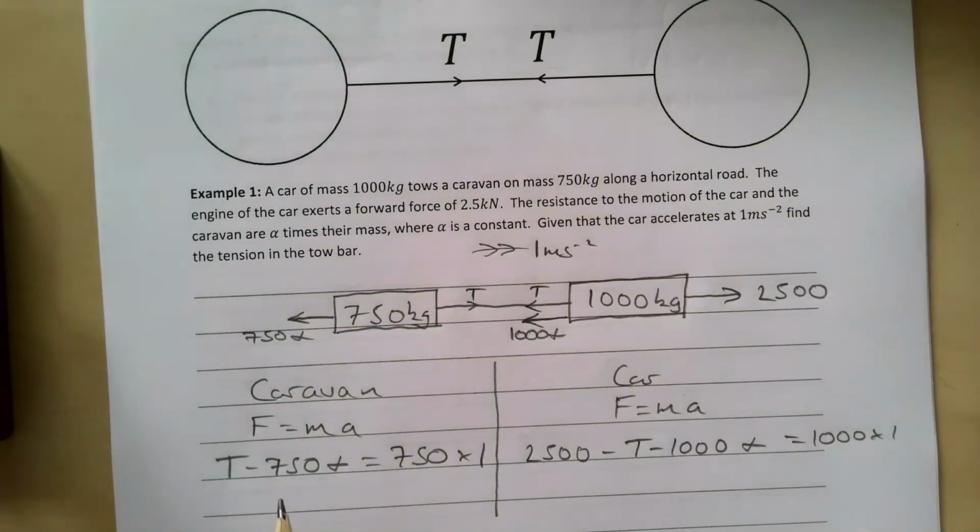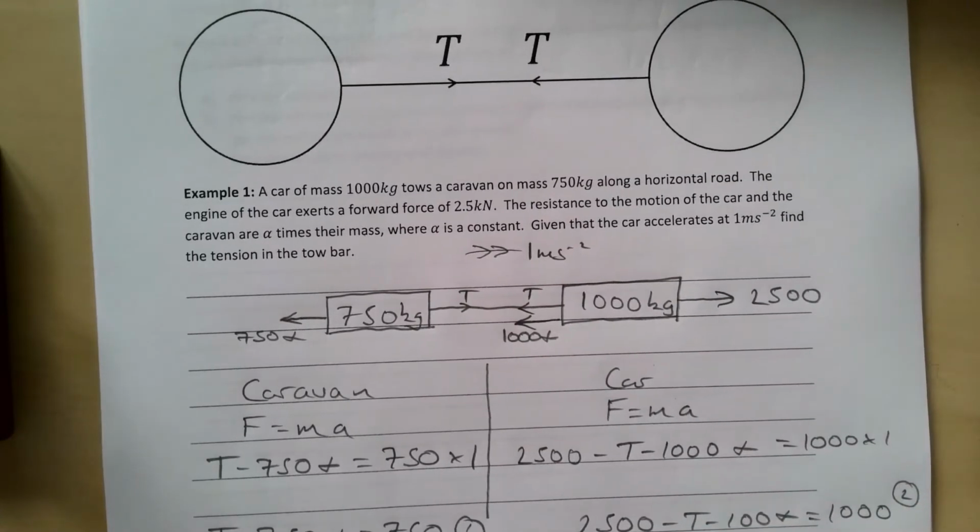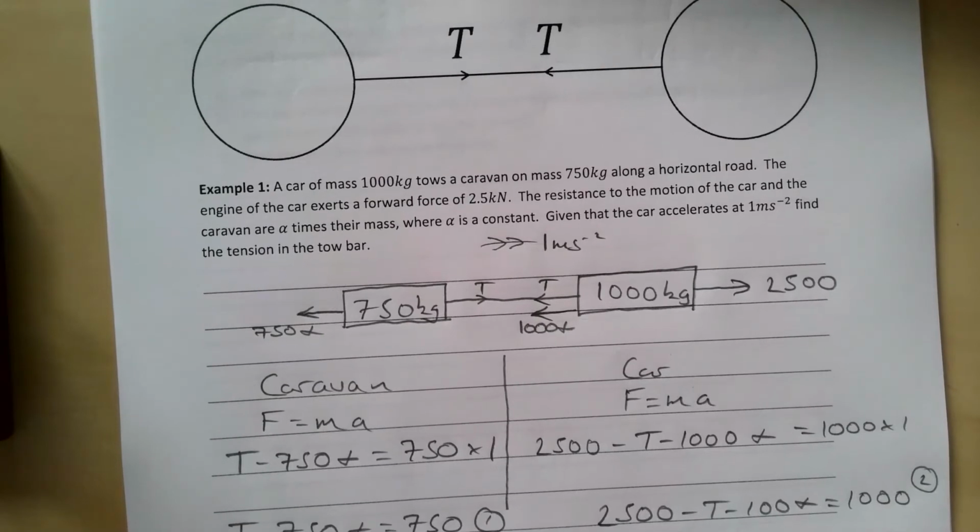Can we tidy these up very slightly? We can. T minus 750 alpha is 750. I'm going to call this equation 1. 2,500, take away T, take away 1,000 alpha equals 1,000. I'm going to call this equation 2, and I am going to add the two equations. I think that will be my best option.